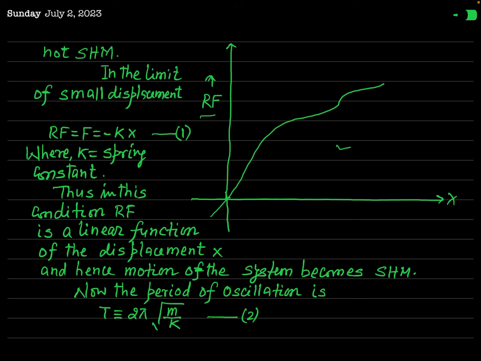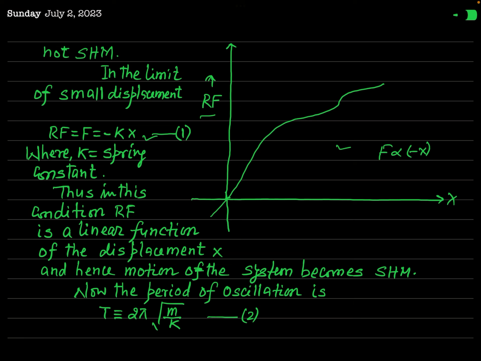And as I have told you, in the limiting condition of a small displacement, this restoring force will be given by minus kx, because all the terms containing higher powers of x will be negligible. And as you know, when F is directly proportional to minus x, motion is simple harmonic. So this block will execute SHM about its equilibrium position O.